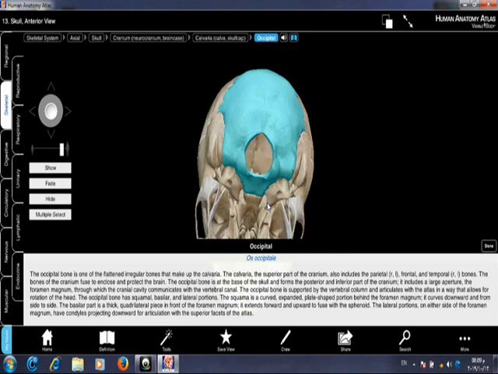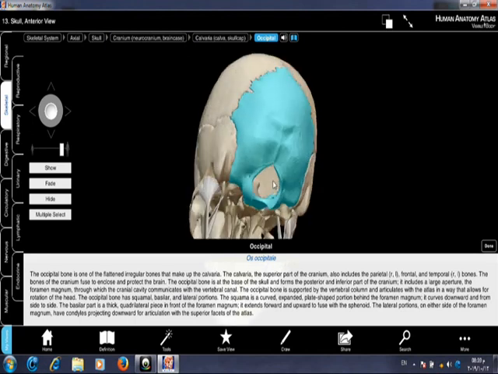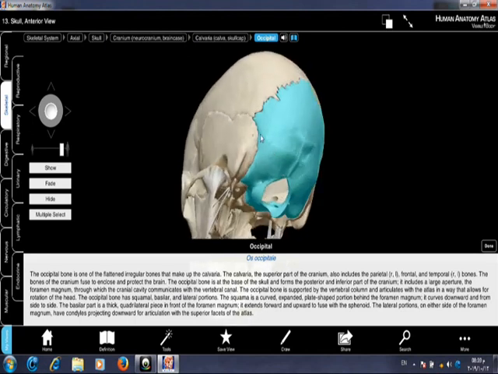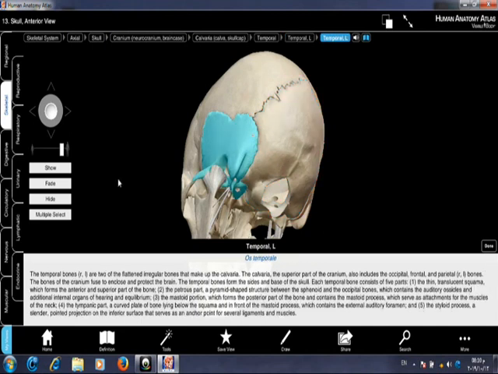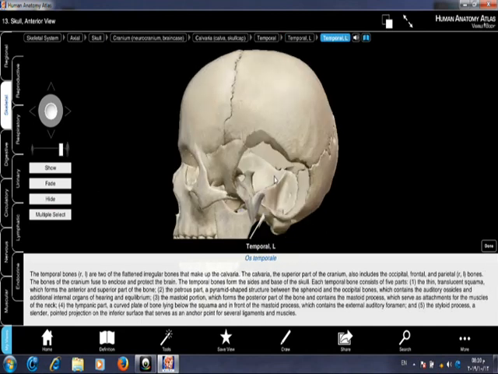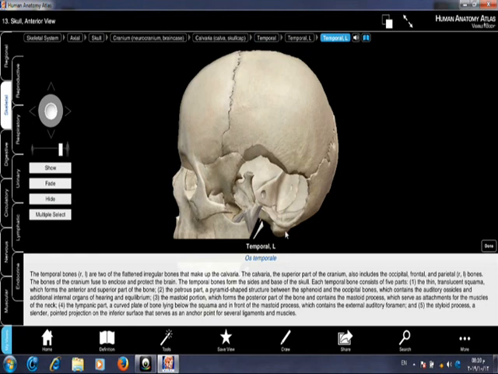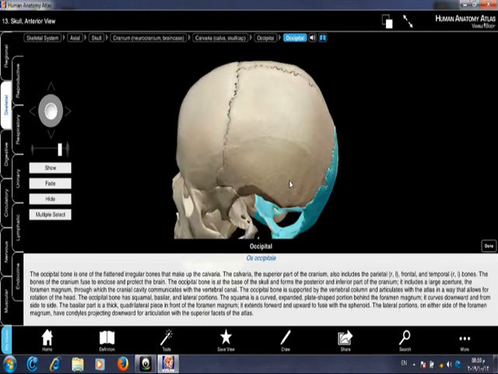The occipital bone has the foramen magnum, through which the cranial cavity communicates with the vertebral canal. From the cranial cavity here, this is the foramen magnum here.